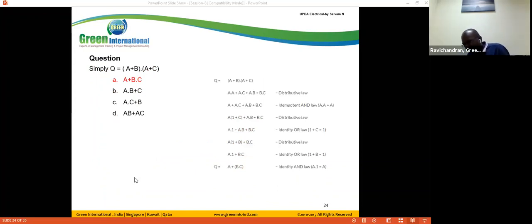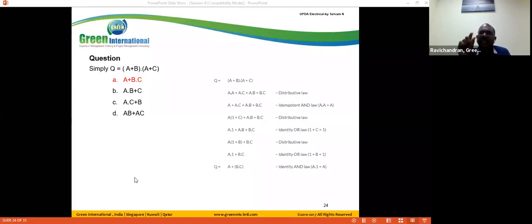In the question bank, I include some questions related to the flip-flop. In the flip-flop, they ask the truth table for SR flip-flop, JK flip-flop, toggle and D flip-flop.